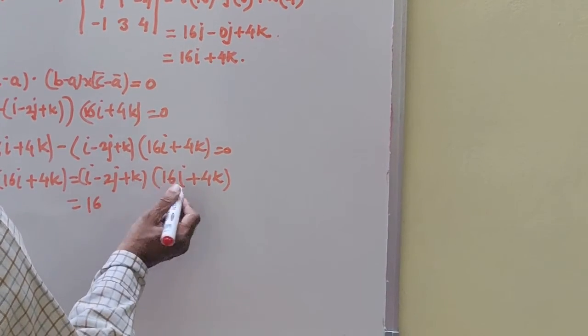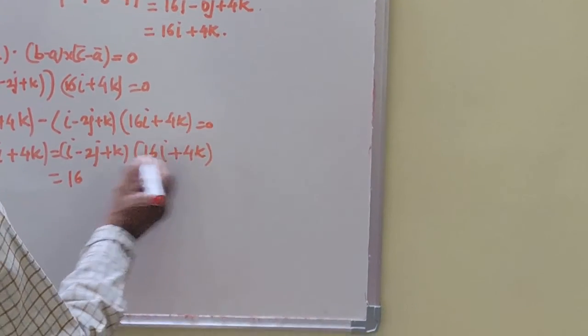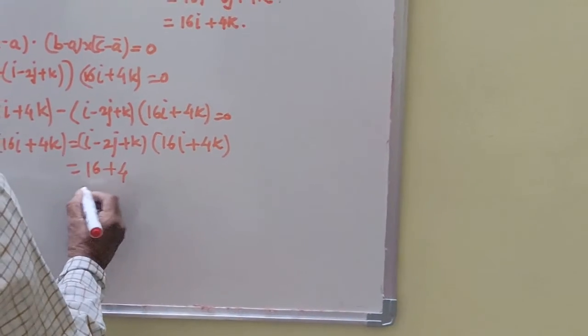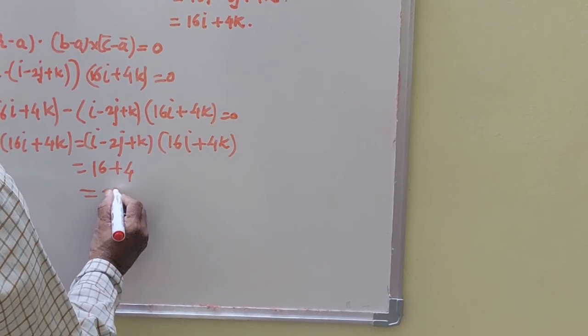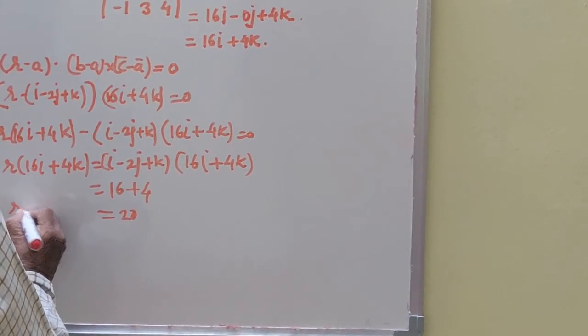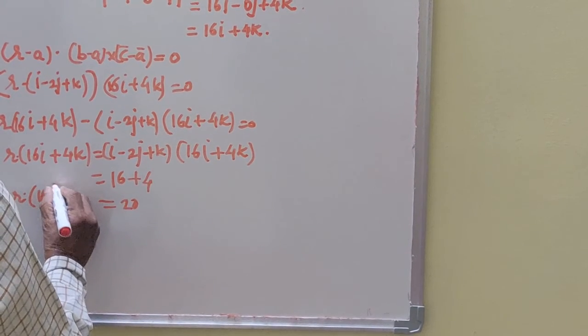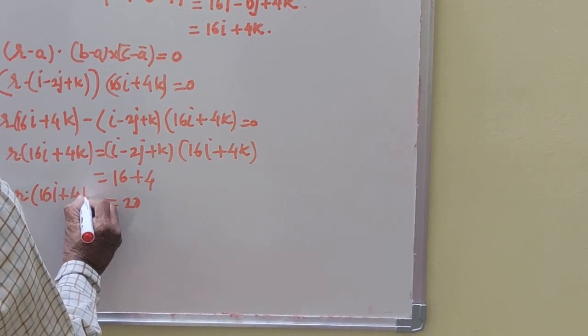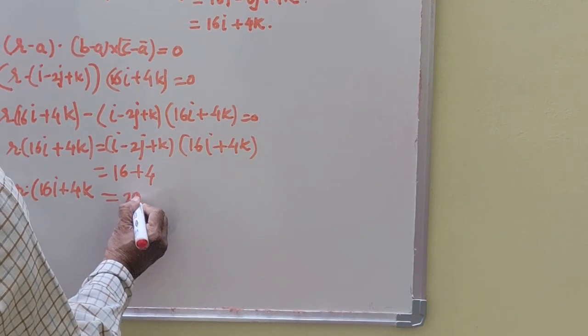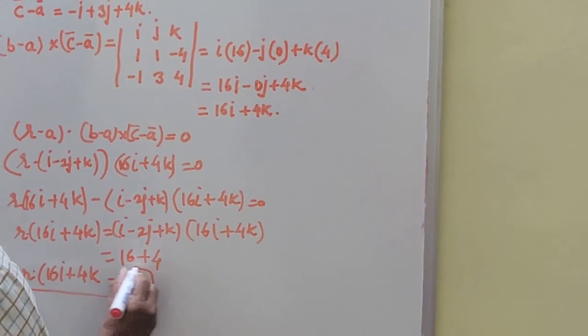This will be 0 because j is 0. 1 into 4 is 4. Means that is equal to 20. Means my required answer is r dot (16i plus 4k) is equal to 20. This is the required answer for the given problem.